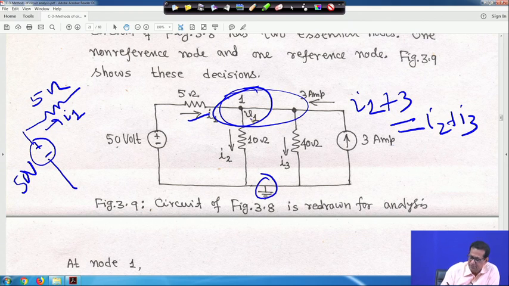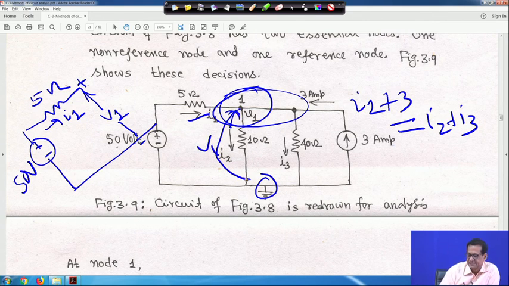That means V1 is actually 10 into I2, but we will not write this, we will make it plus. I told you always for the non-reference node you should take plus, this is your V1 voltage and this is your ground, circuit is like this. So, this is V1.